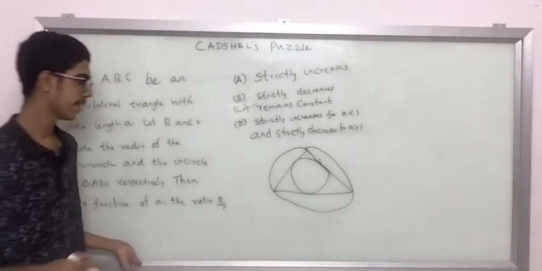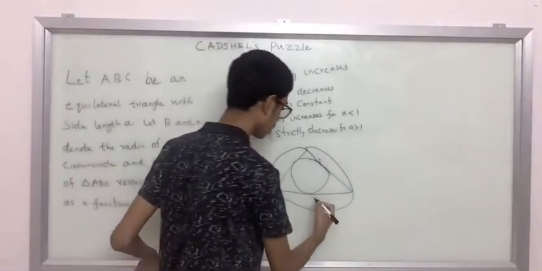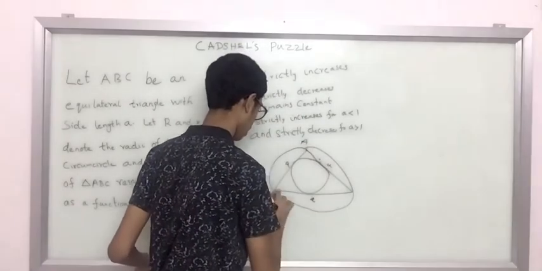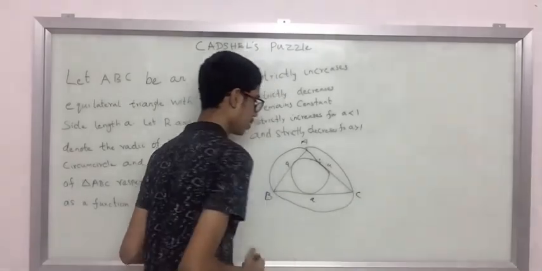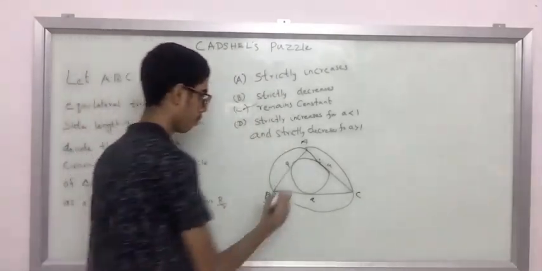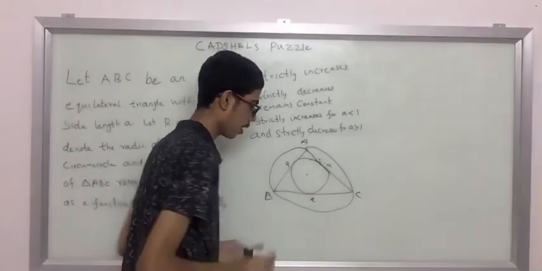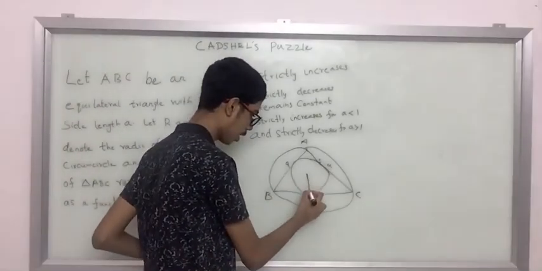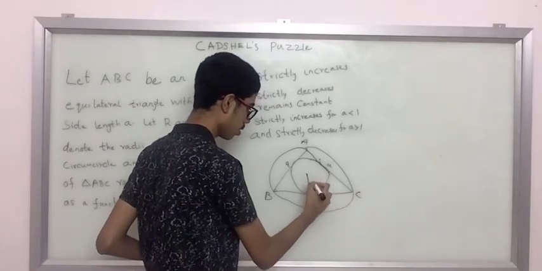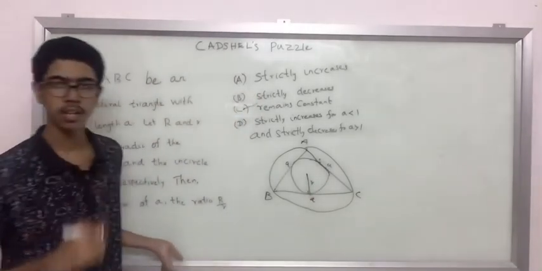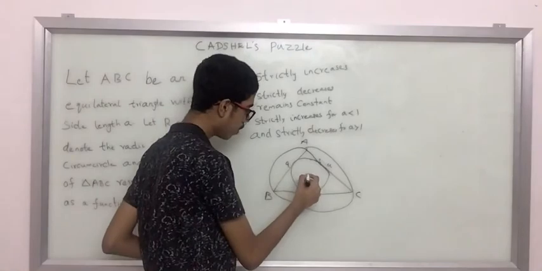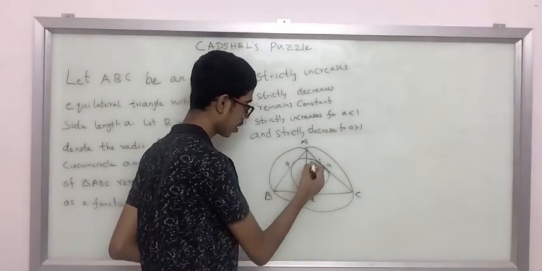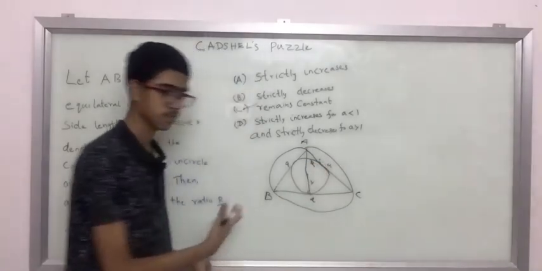I know that this whole length is A, B, C. Now this will be the center point. Now I am going to draw this perpendicular line, this r. From this point I will draw one line like this. What is this? Capital R.